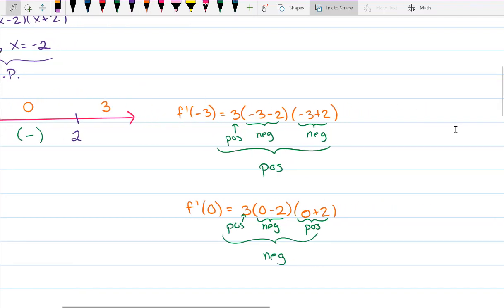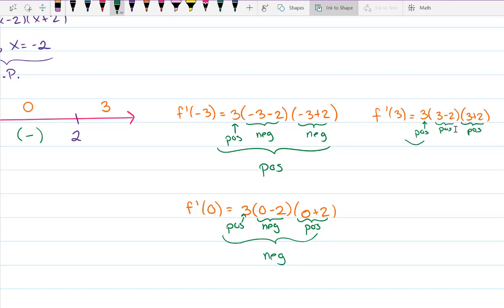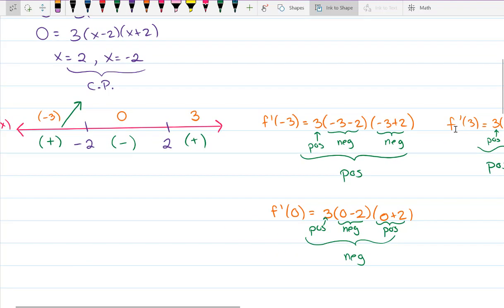And now we need to check our last one, which is f prime of 3, which gives us 3 times 3 minus 2 times 3 plus 2. This piece is positive. This is positive. And this is positive. So if everything is positive, we get that the entire function is positive. So the derivative from 2 to infinity is going to be positive.